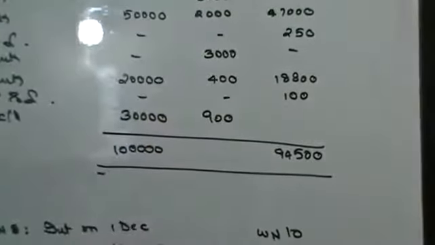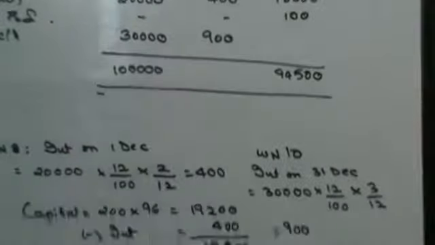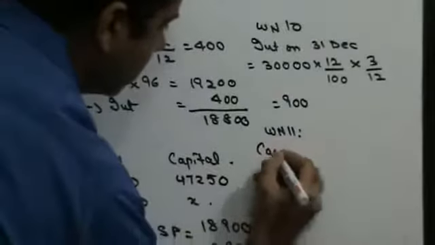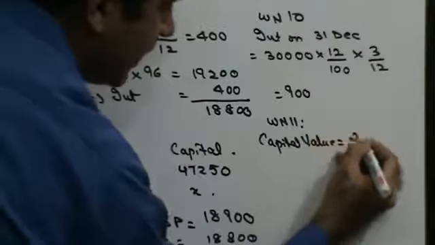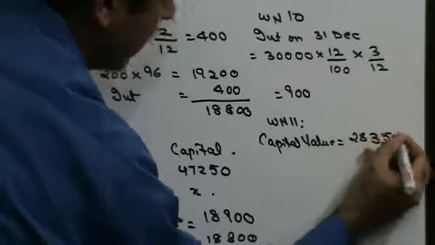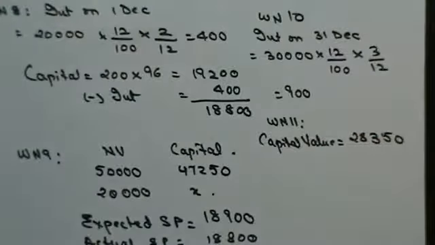Now, the capital value difference you have found out is 350. Now if you see the last line of the sum, they are saying that the price of the security on 31st December was 96,000.